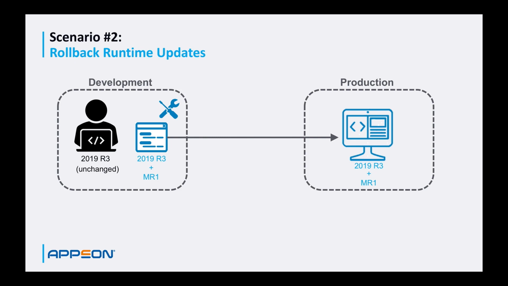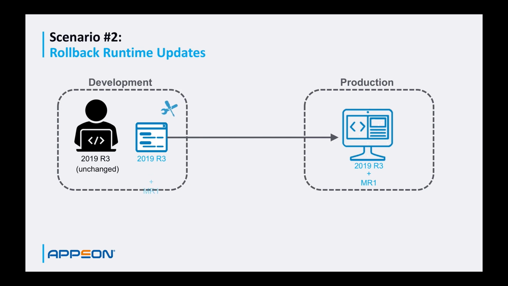So you deploy this out to the production environment. Your users find an issue. Now you want to roll back. So how do you do that? It's very simple. You have actually multiple runtimes in your development environment. They can coexist. They don't replace each other. So we have a 2019 R3 runtime. We also have a 2019 R3 runtime that includes the bug fixes, the maintenance release.